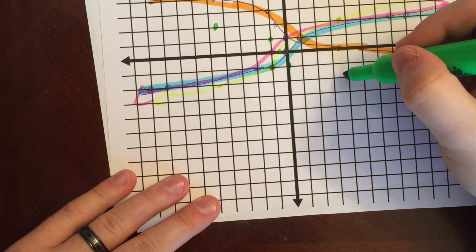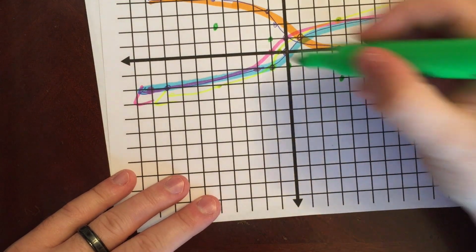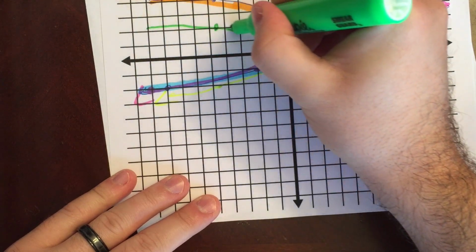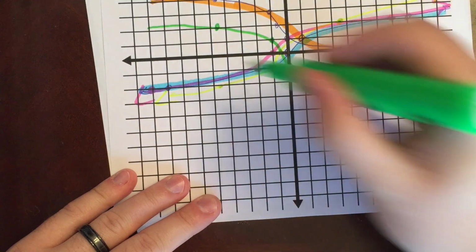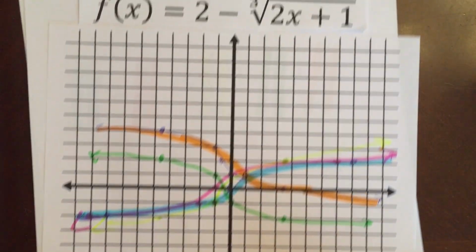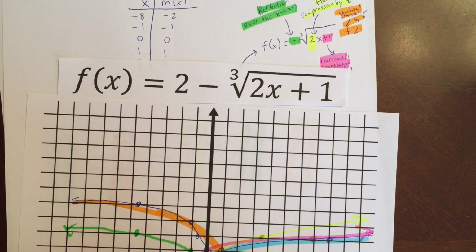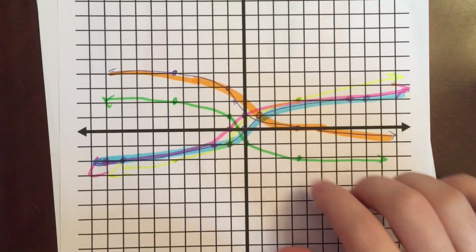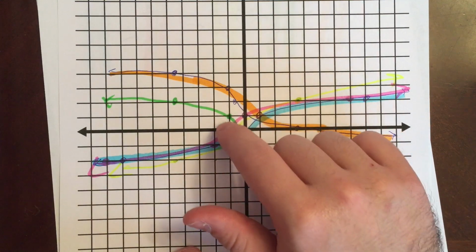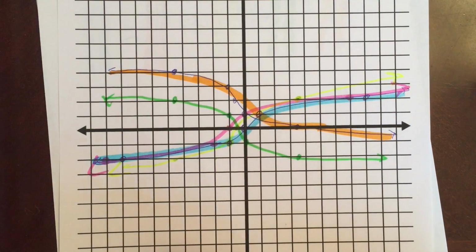And this point's going to reflect over to here, like this. And then it's going to do a vertical translation by 2. And every point will move up to our orange.